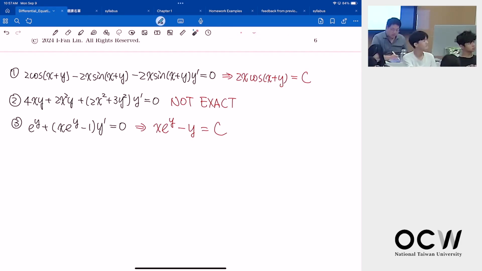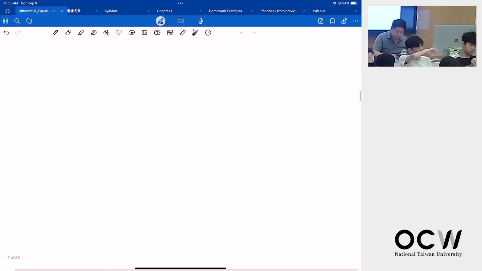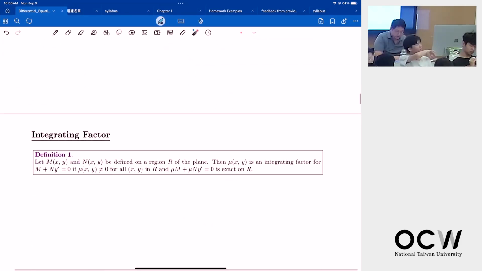What if it is not exact? That means it is not separable, it is non-linear, and also it is not exact. How can we find a solution? So if it is not exact, next, let's talk about the integrating factor.